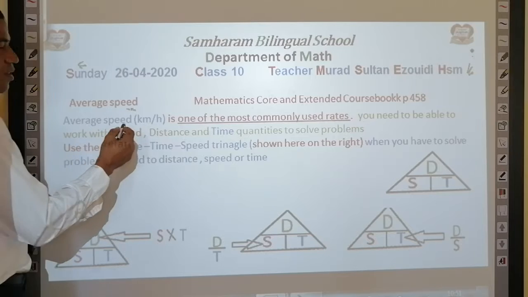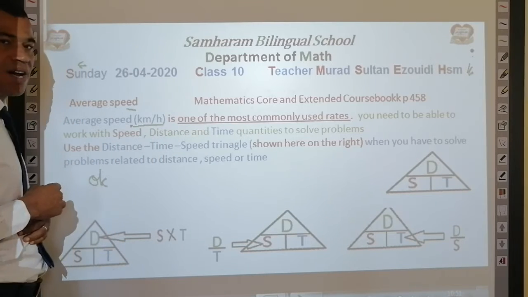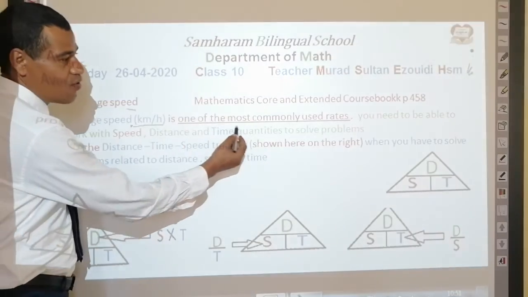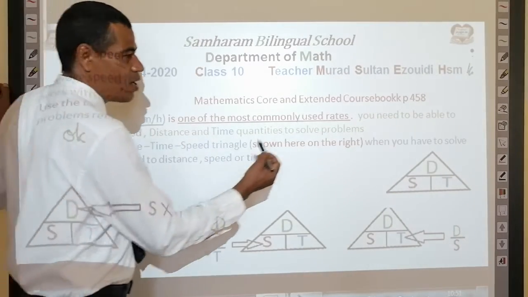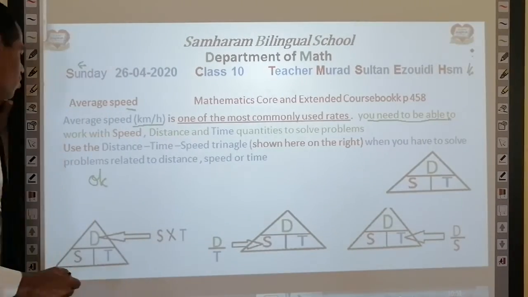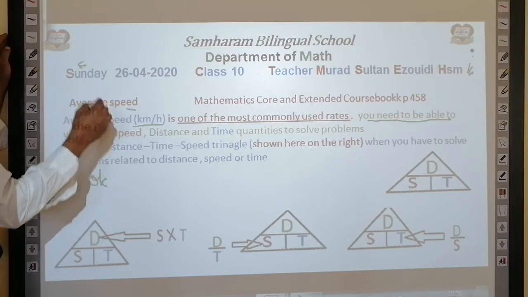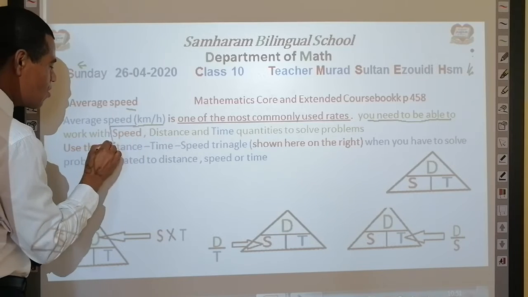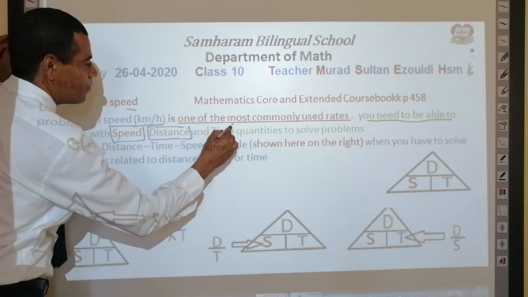Average speed: the unit of average speed is kilometer per hour. It is one of the most commonly used rates. You need to be able, my learners, to work with speed, distance and time.